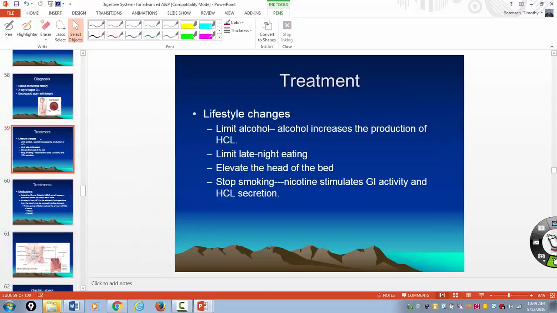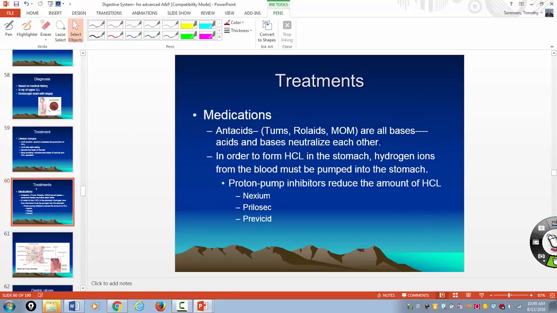So typical medications are the antacids. Now, antacids do as their name implies. They neutralize the hydrochloric acid. So these antacids are bases. So milk of magnesia, Rolaids, Tums, Maalox.